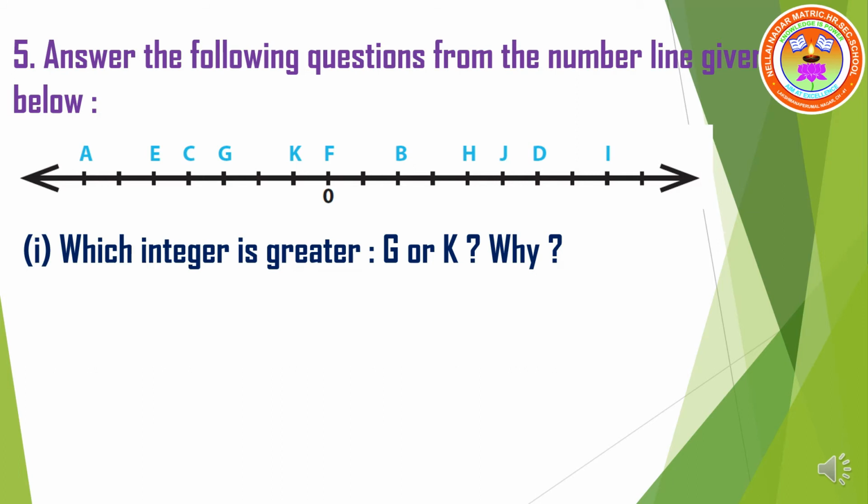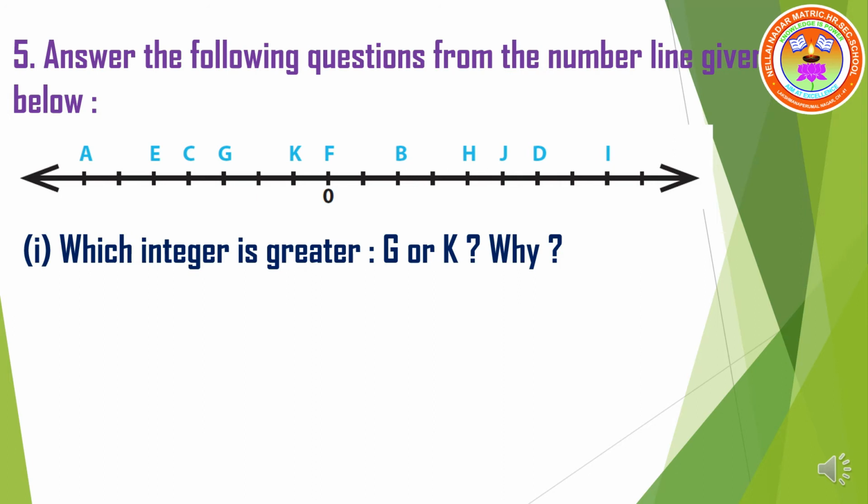Why? So here we have to identify what the alphabet is representing. So what does the alphabet K represent? It is after 0, and it is also on the left side of 0. So it must be a negative value, and since it is next to 0, we can take it as -1.